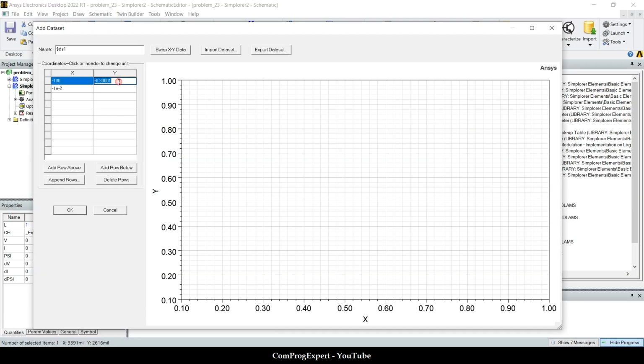So let me copy this. I can set this equal to negative 100, when this is equal to negative 0.3, 1e-2, negative 1, the value of the current.